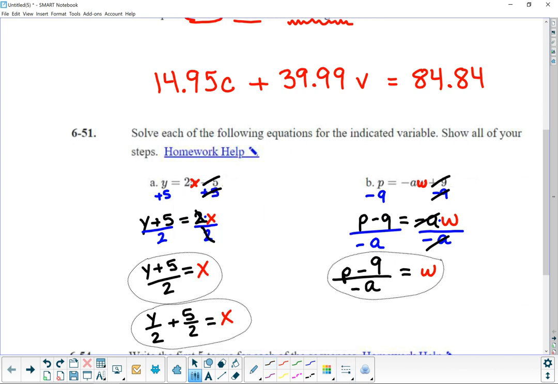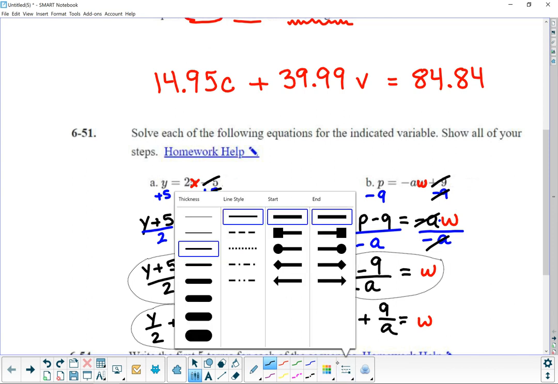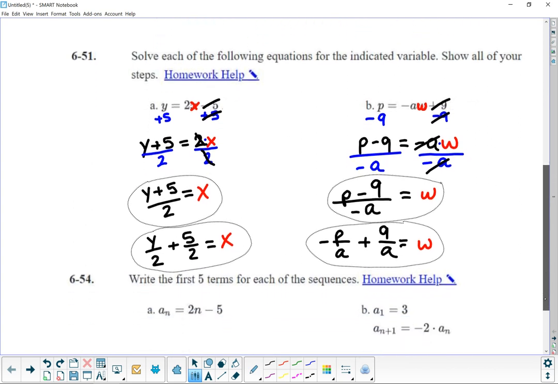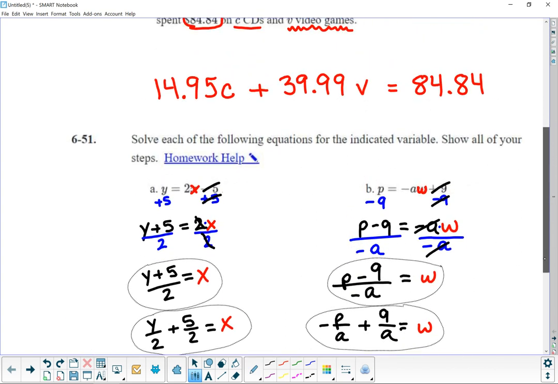Or if you want to write it as two terms, you can write it as W equals negative P over A plus 9 over A. And that right there is just as good. So either one of those is fine, and I'll tell you why the second way is also acceptable.